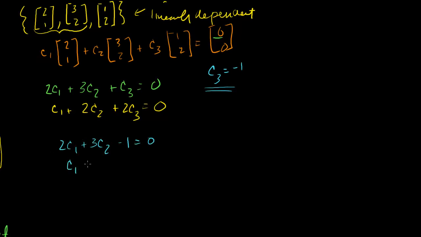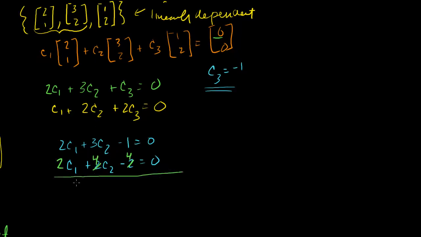And you get c1 plus 2c2 minus 2 is equal to 0, right? 2 times minus 1. And then what can I do here? If I multiply this second equation by 2, what do I get? I get 2c1 plus 4c2 minus 4 is equal to 0.